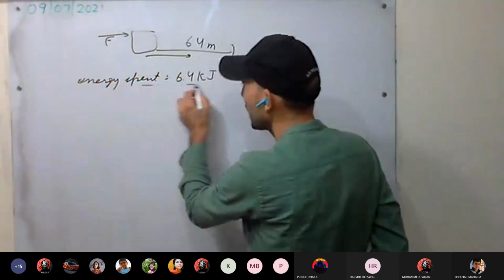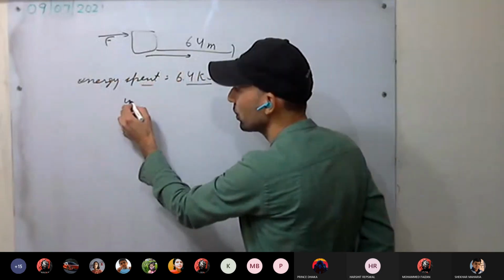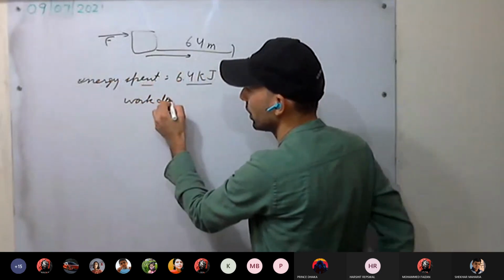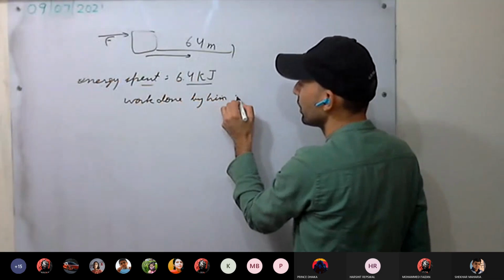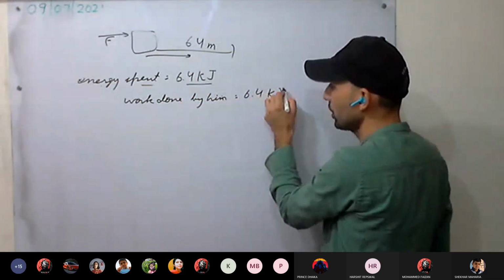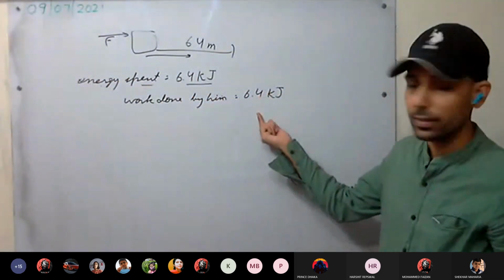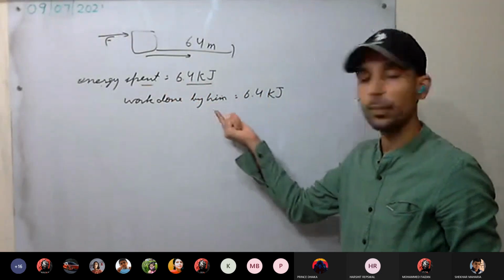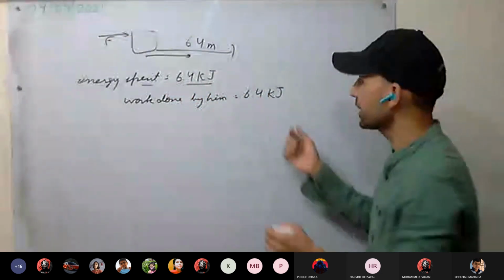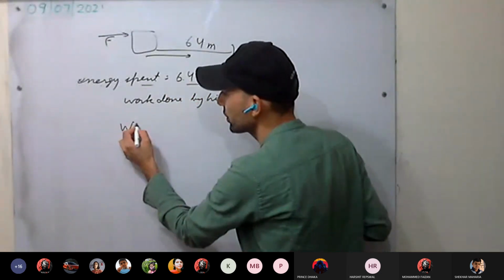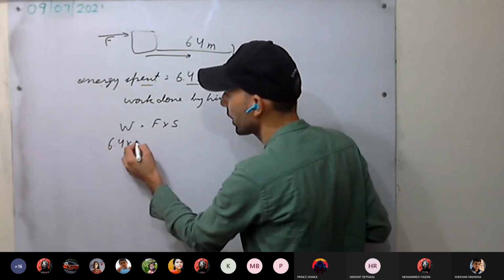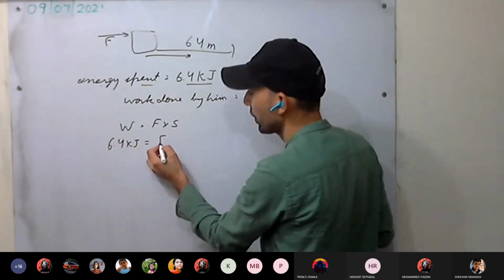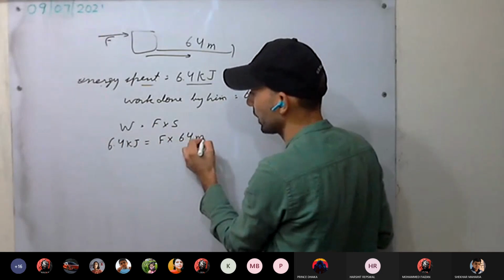See here, this is the energy spent. It is equivalent to the work done on the body, yes or no? So work done by him is 6.4 kilojoule. Energy spent and work done by him are same. And work done we have studied, F into S. Displacement is 64 meter.